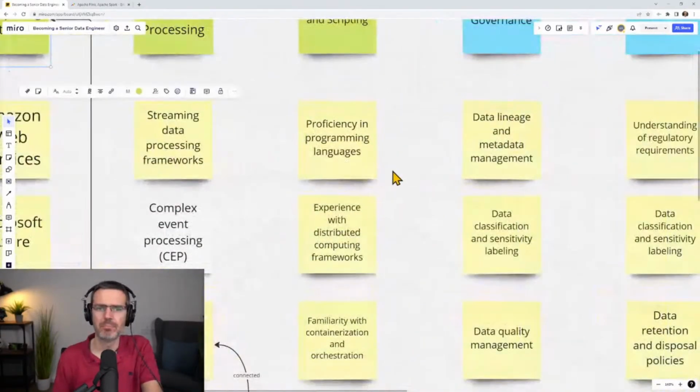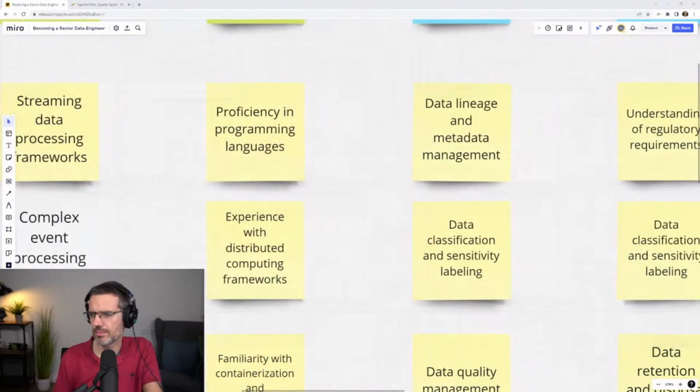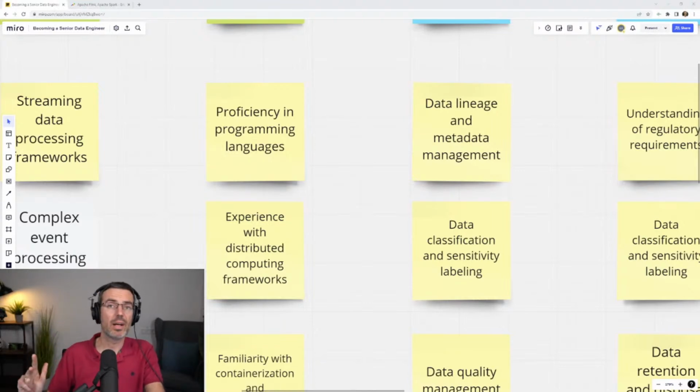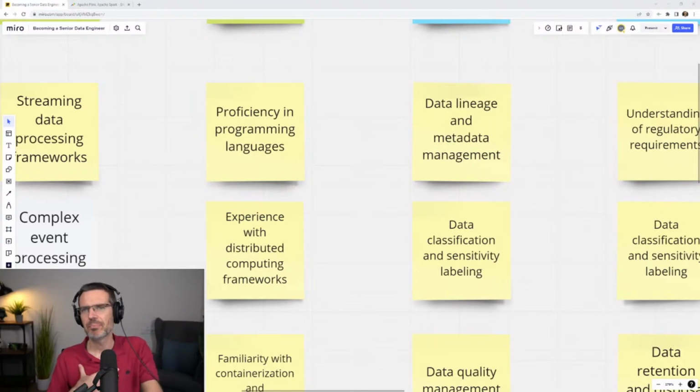So scripting, proficiency in programming languages. I think senior engineers should be proficient in one or more programming languages commonly used in data engineering, such as Python, Java, Scala, and SQL. As I said, Python, yes. Java, maybe. SQL, 100%. But Scala, yes. However, I've done programming with Scala in Spark. It's super annoying, and sometimes jobs that are easy in Python are super difficult to do in Scala.